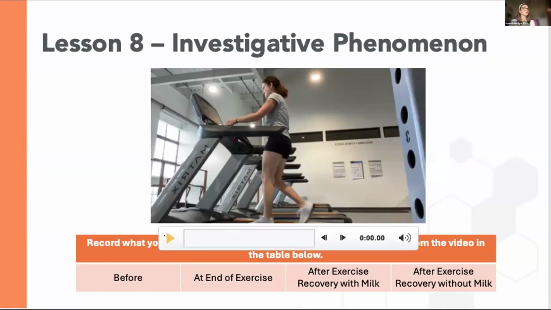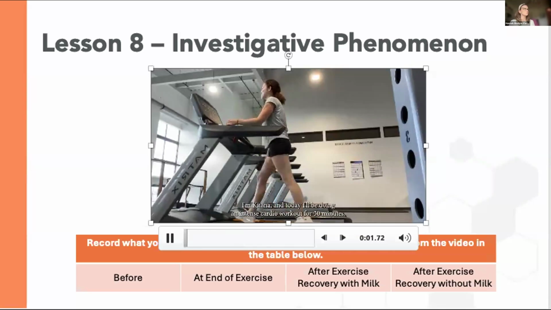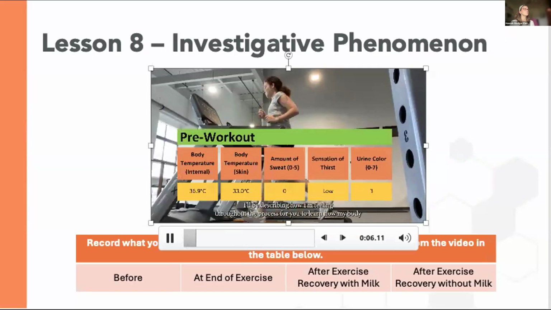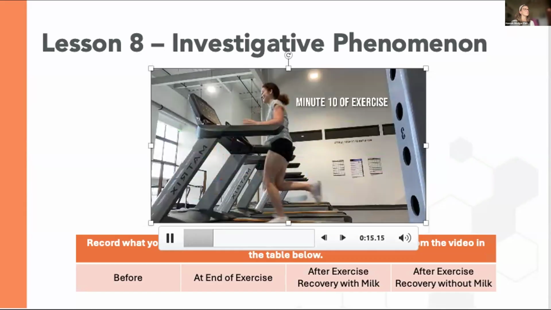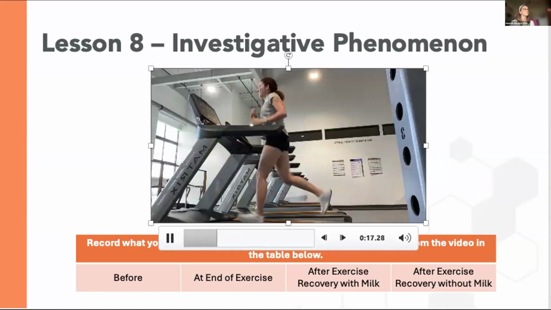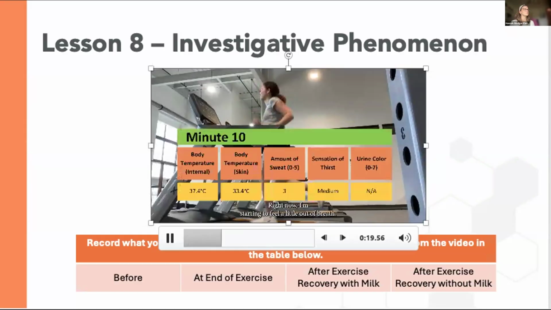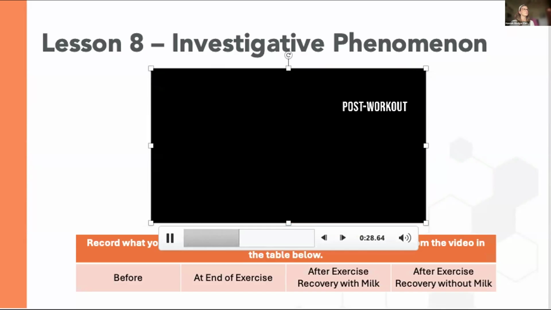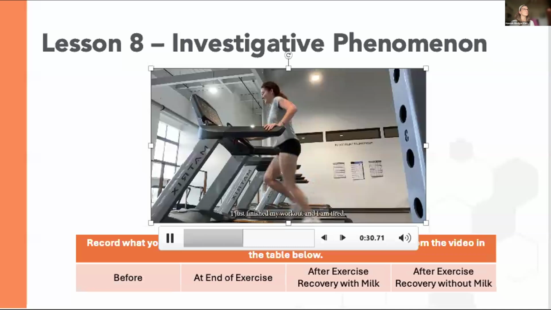So without further ado, I'm Katana, and today I'll be doing an intense cardio workout for 30 minutes. I'll be describing how I'm feeling throughout the process for you to learn how my body is impacted by exercise. Right now, I'm starting to feel a little out of breath. I'm feeling thirstier now that I'm working out. My body temperature is definitely increasing since I began exercising. I just finished my workout and I am tired.